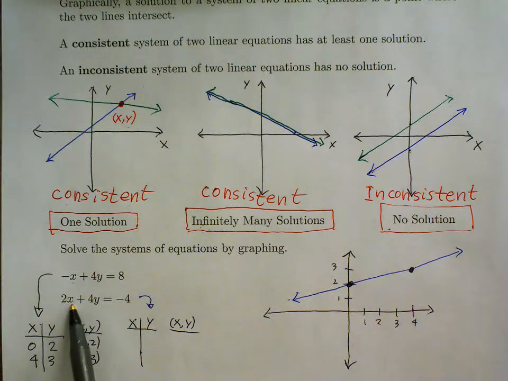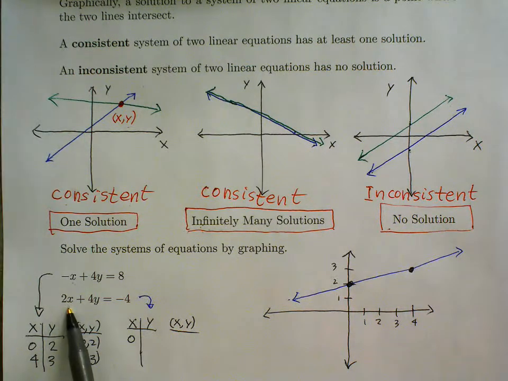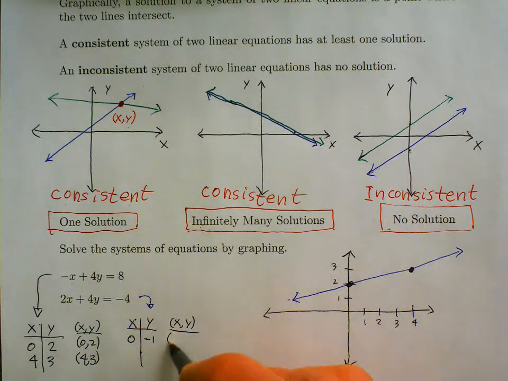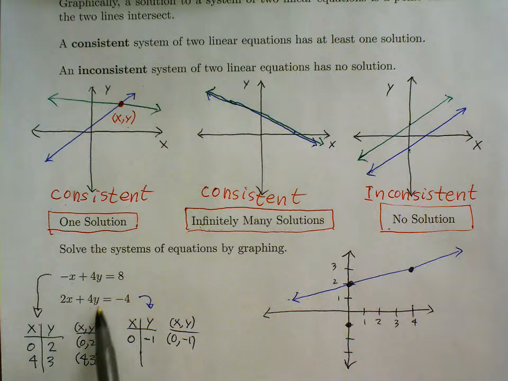So on this one, let's pick x to be 0. And when x is 0, 4y equals -4, so y equals -1. So we have the ordered pair 0, -1. So this point, and let's go ahead and make the y-coordinate 0.